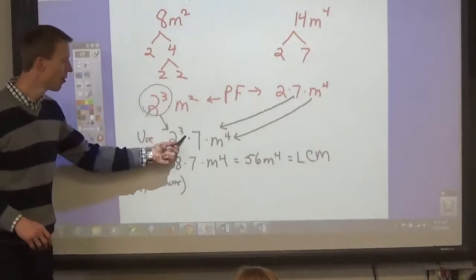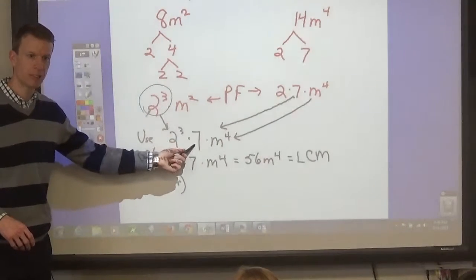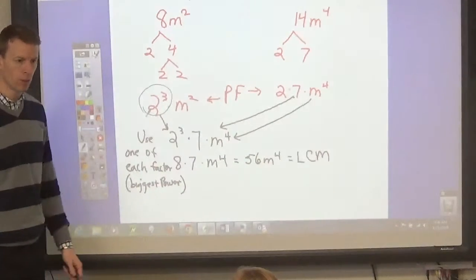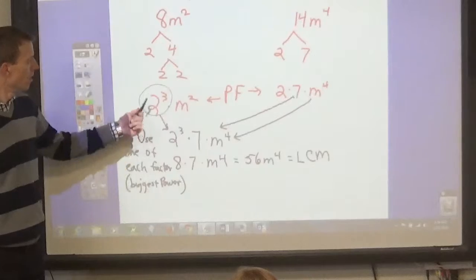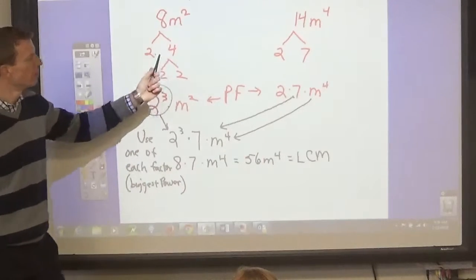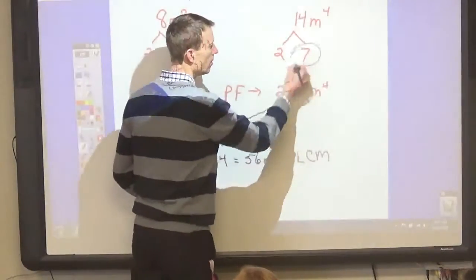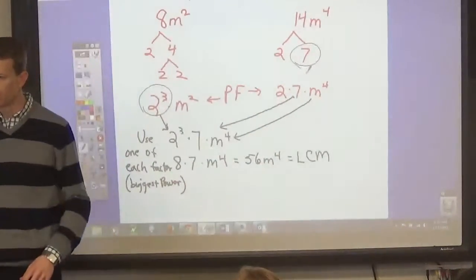So it's 2 to the third times 7 to make the lowest common multiple. The biggest power of the 2's, and we have to use a 7. Okay? Does that make sense?